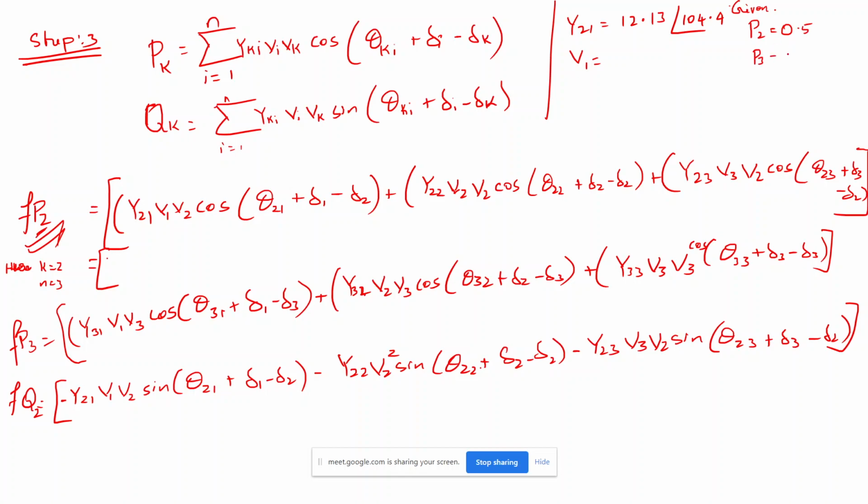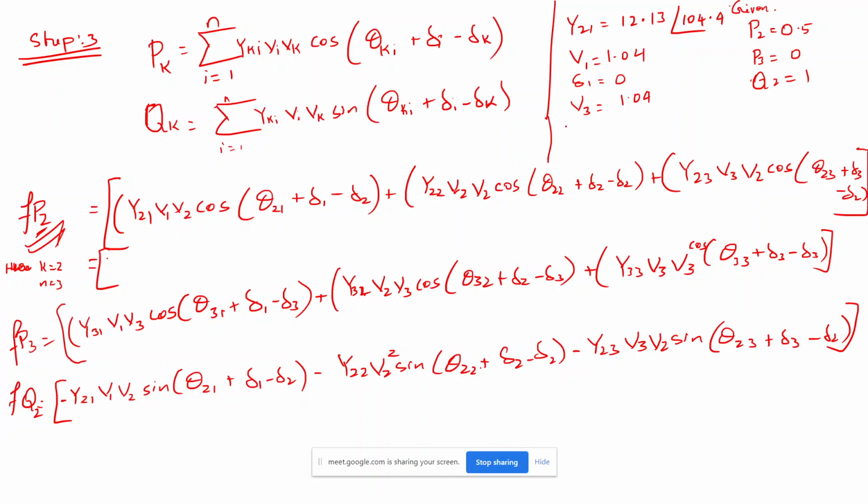P2 is nothing but 0.5. P3 is not given, it is specified as 0. For Q2 the value is 1, and V1 is also given. V1 is nothing but 1.04, and del 1 is 0 because it is slack bus, and V3 is 1.04.